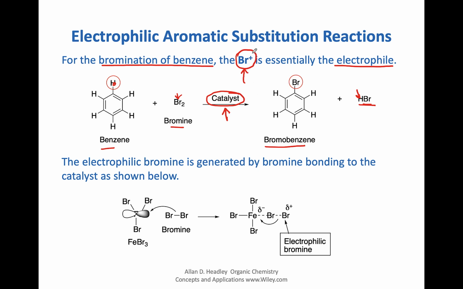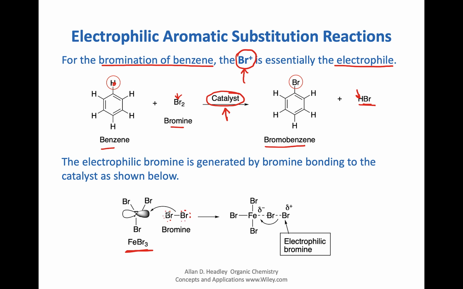But let us see, how do we make this Br+, the electrophile? The catalyst is FeBr3. It has a vacant orbital as illustrated here. Bromine has lots of electrons around it, as you know.